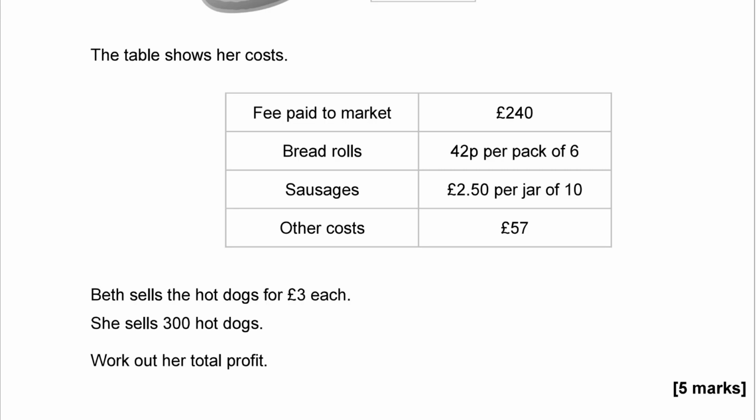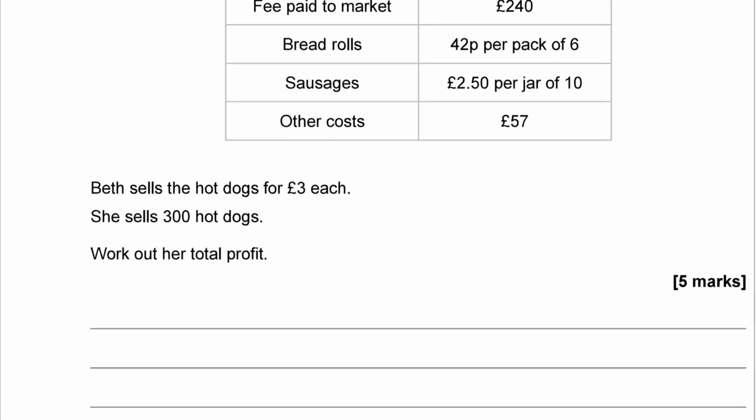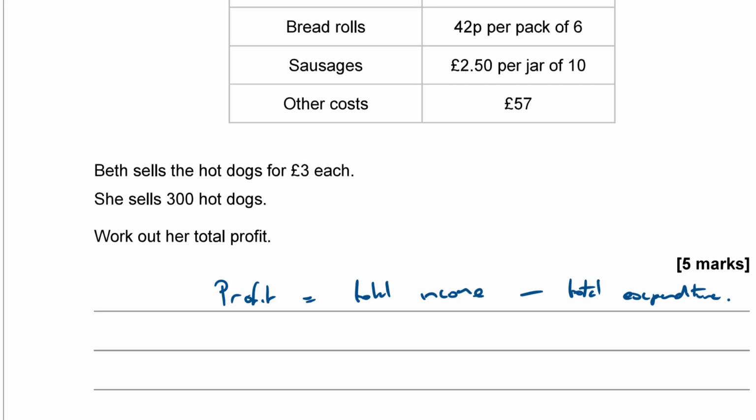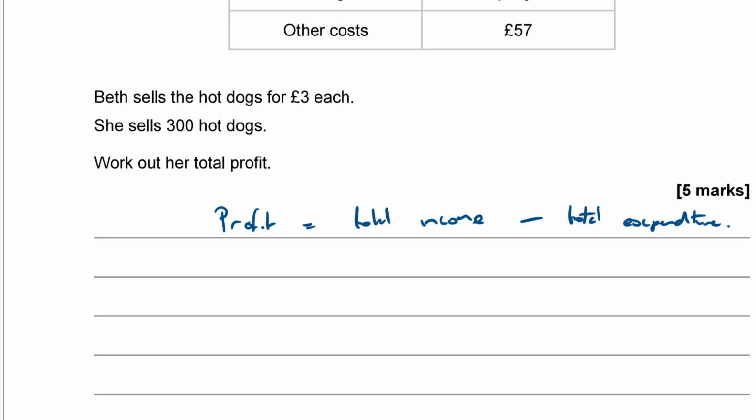Okay, well, our total profit is going to be total income minus total expenditure. So your money coming in less your money coming out. So we need to work out those 2 amounts, don't we? Let's work out income first. How much money she's got coming in.